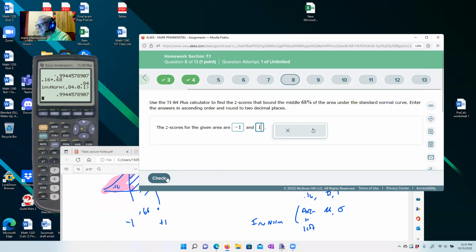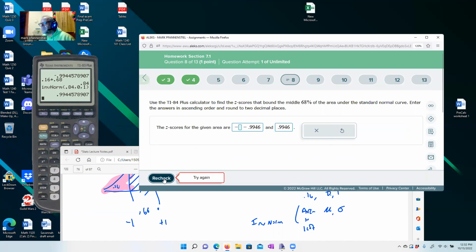Okay, we're close enough. Okay, I've got to tell you, I'm a little wrong. Z-scores for the different area. Yeah, it's 0.9946. So let's go ahead and try that. See, I told you it's picky. Okay. -0.9946 and +0.9946.